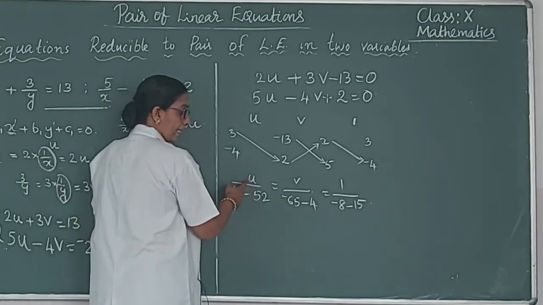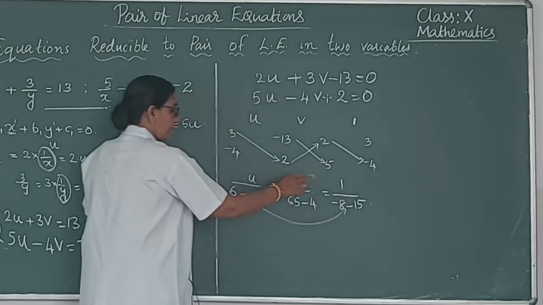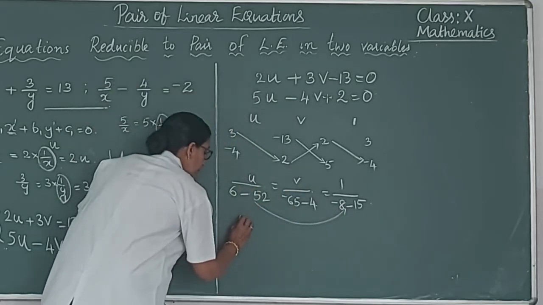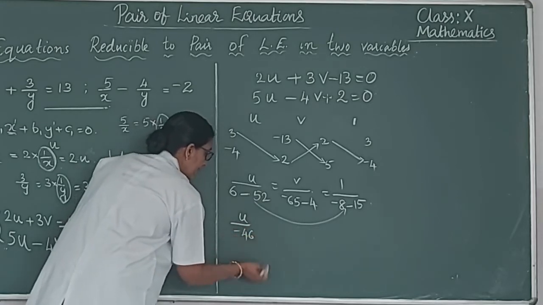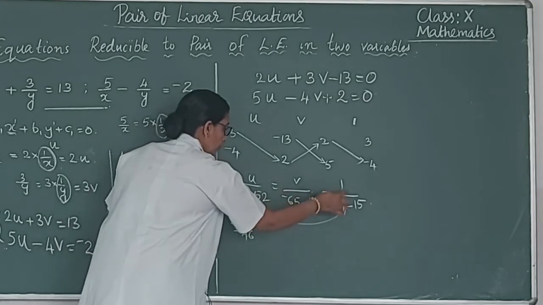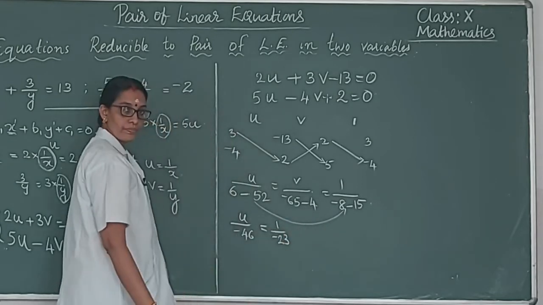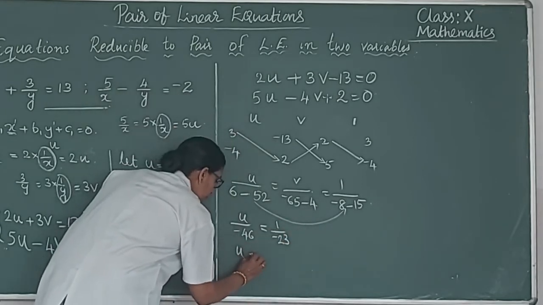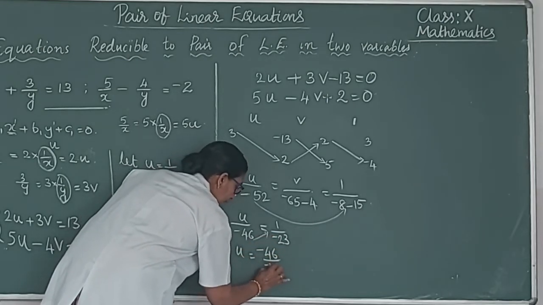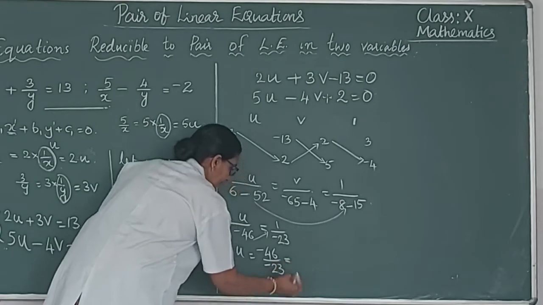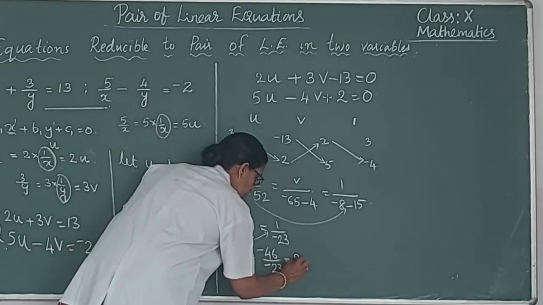Then we can simplify the products. To get the value of u, we have to equate the first and the last. So u by minus 46 equal to 1 by minus 23. So u is equal to minus 46 by minus 23, it is 2.